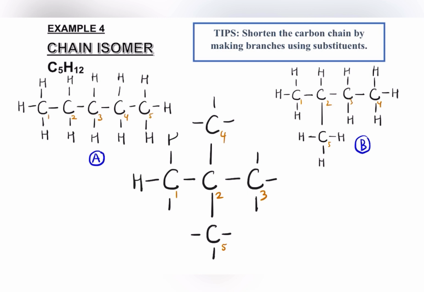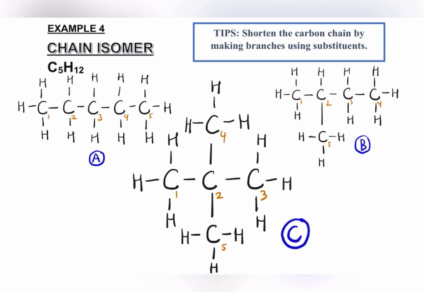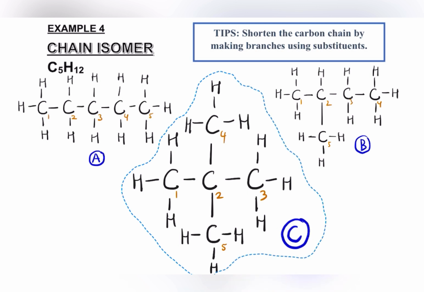So 3 here, and then 6, 9, and 12. So this is my third isomer. I'm going to label it as isomer C. I'm going to resize so that you can see the difference of the structures.